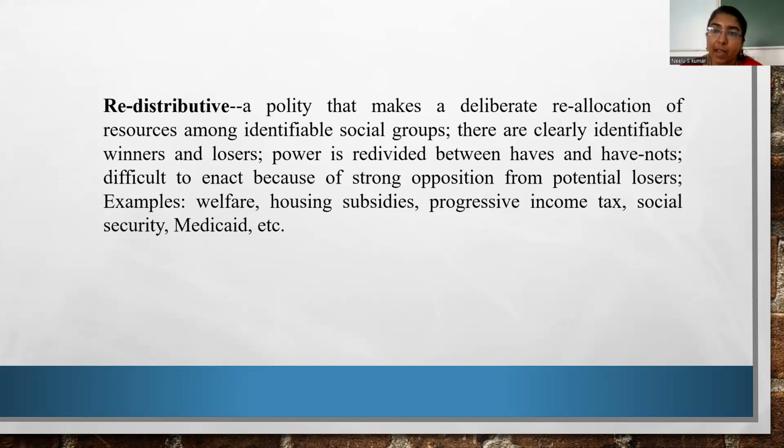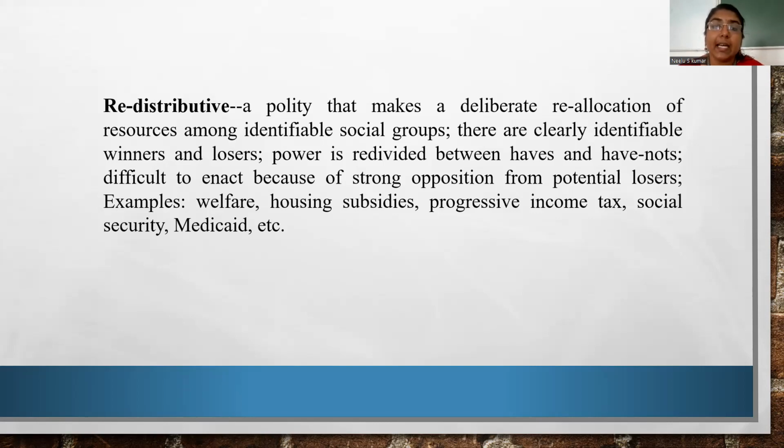It's also a welfare kind of public policy, which is similar to the distributive. But in the case of distributive, if only one group is getting benefit, the other will not be a loser. In the case of redistributive public policy, if one group gets benefit, they are the clear winners, and the other group who are not getting the benefit is considered as losers. For example, with housing subsidies, those who get subsidies are considered winners, and those who are on the list but not eligible to get the subsidy are considered losers.